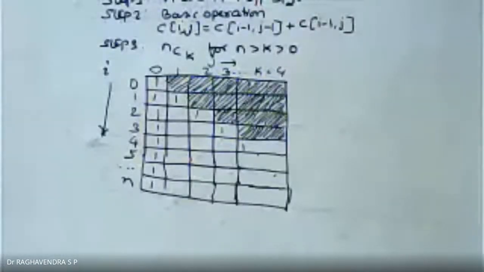Okay, so carefully just look at this table. We have two geometrical shapes here. One is like this, and another one is like this. So what is the first one and what is the second one?